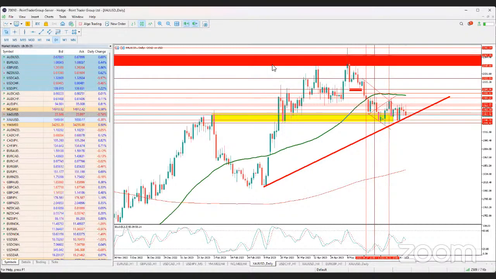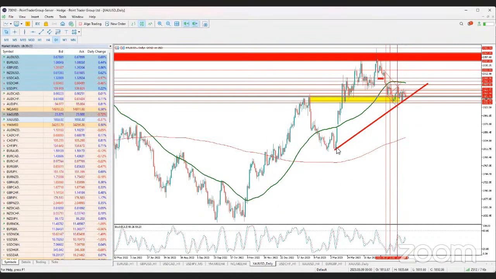This is an uptrend line. So if the market reaches this line for the third time, you can go long. It's a line that connects at least two lows, two troughs.